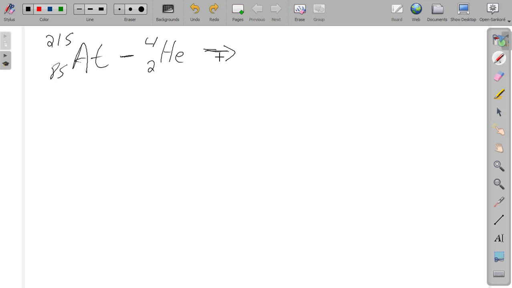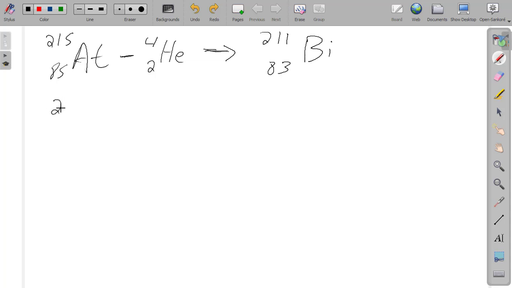And so remember, in chemistry, the arrow is the equals of mathematics. All right, and so we're subtracting. 215 minus 4 is 211. 85 minus 2 is 83. And so now you need a periodic table and look up what element is 83, and you will find that it is bismuth. All right, there's 1.